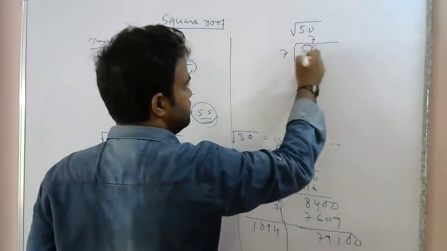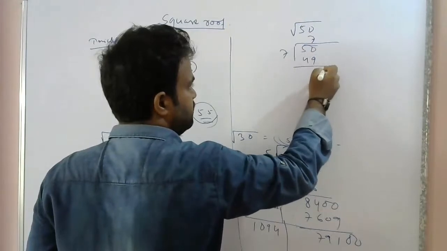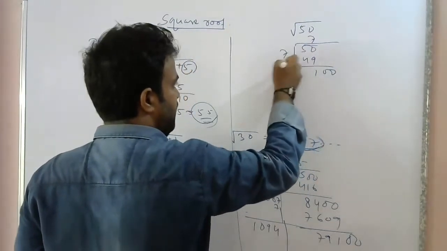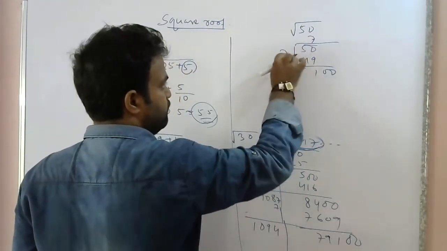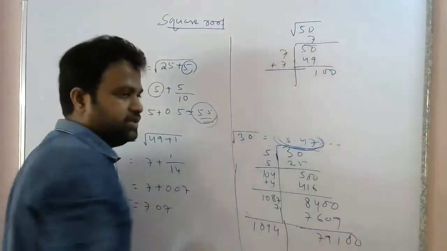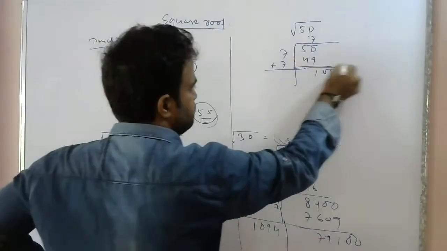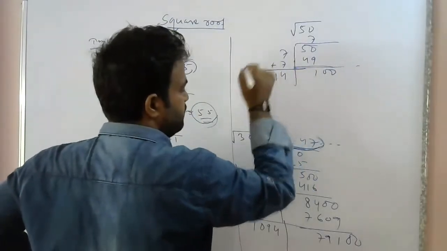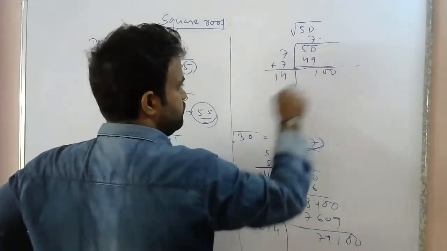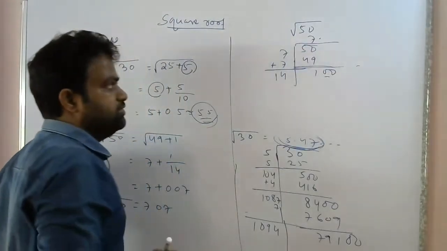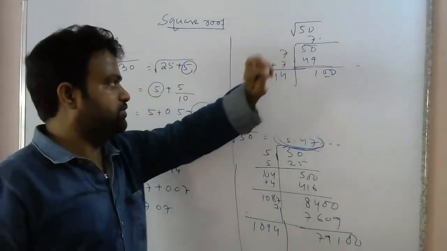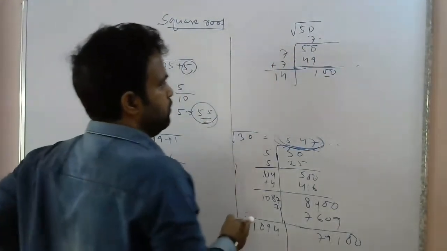So 7, you have 49, 1, 00, you will add 7 here. Whatever number you are multiplying, you will add here. So this is 14. This point 200 is there, so I'm using a point.